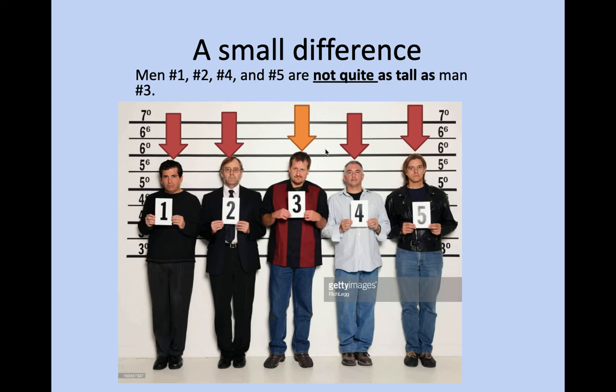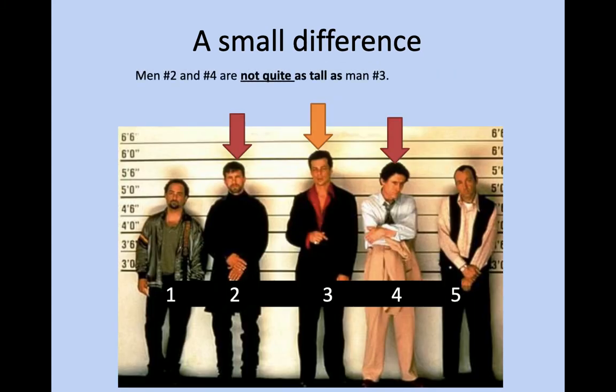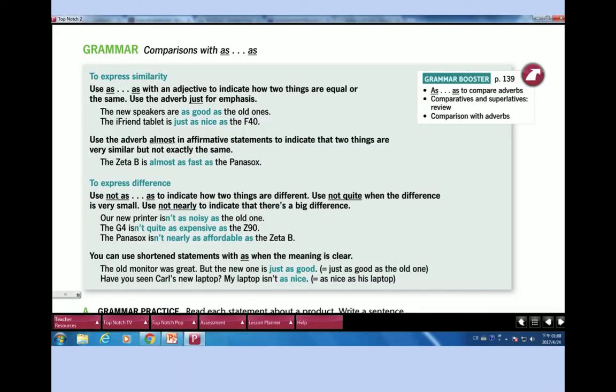So they're not quite as tall. It's a very small difference. So men number 2 and 4 are not quite as tall as man number 3, or you could say man number 3 is not quite as short as men number 2 and 4.